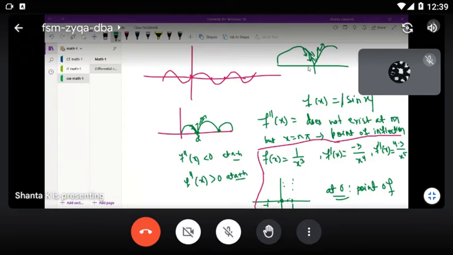Ma'am, the direction of the tangent is not changing, na? But the sign of slope changes abruptly.